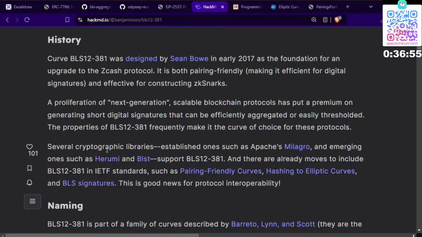A proliferation of new generation scalable blockchain protocols has put a premium on generating short signatures that can be efficiently aggregated or easily thresholded. The properties of BLS 12381 frequently make it the curve of choice for these protocols.